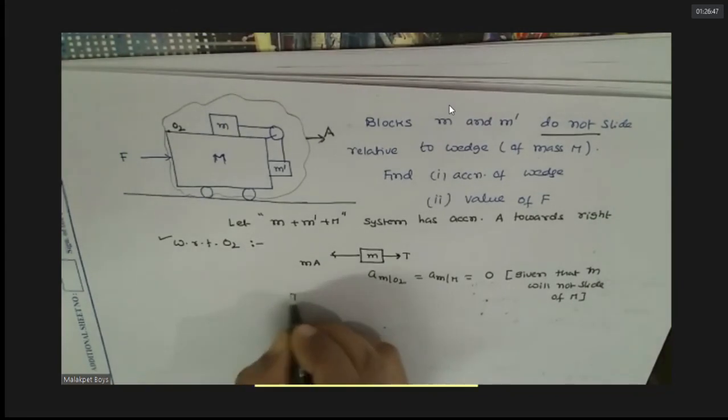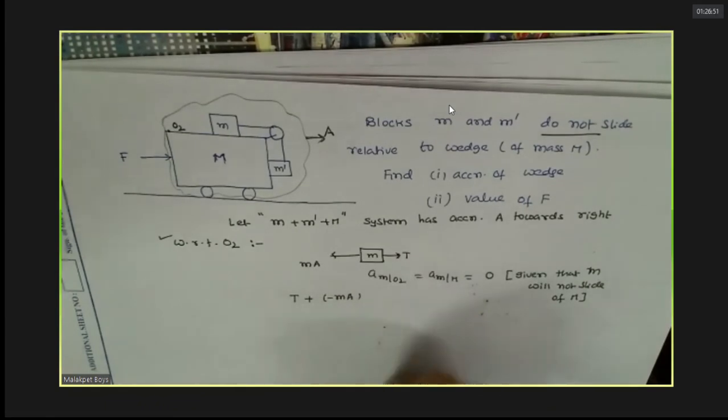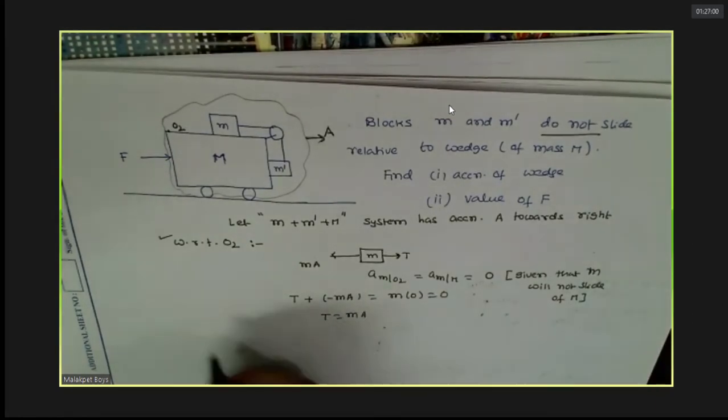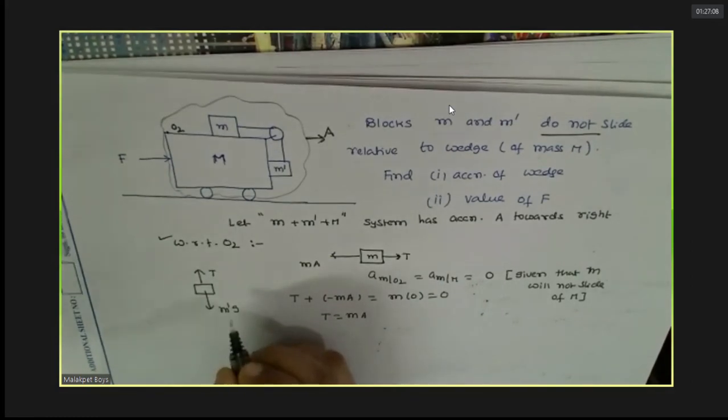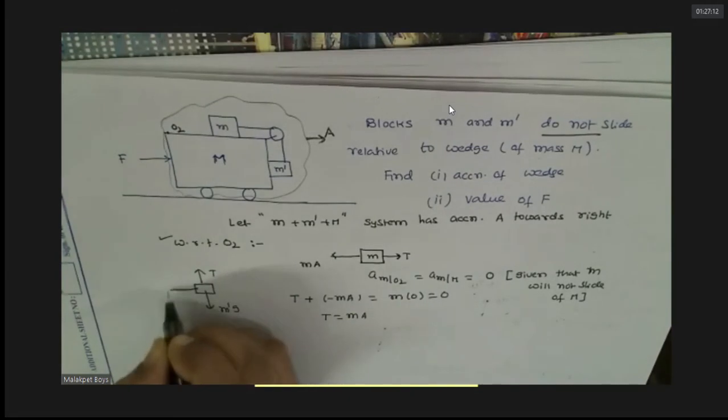Do you agree with this? Yes, sir. You have T plus. See, I am not showing vertical forces because I don't require that. Not that they are not acting, they are acting. If you want, you can show that. No problem. Agreed? Yes, sir. So there is pseudo force on this also.